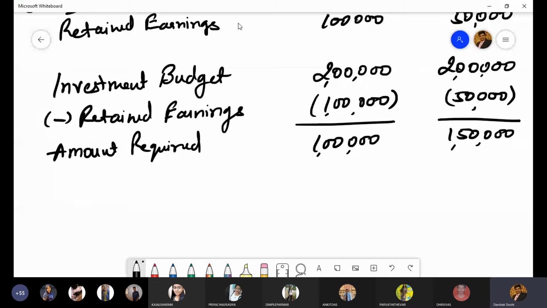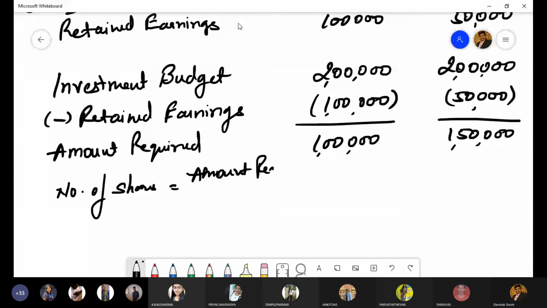Number of shares is equal to amount required divided by market price at end.